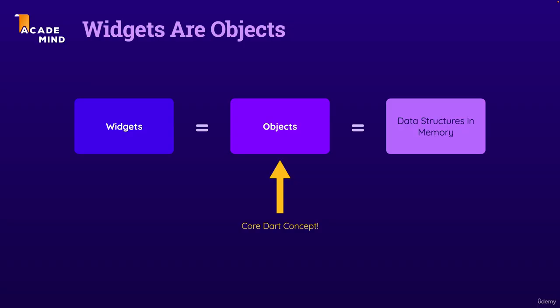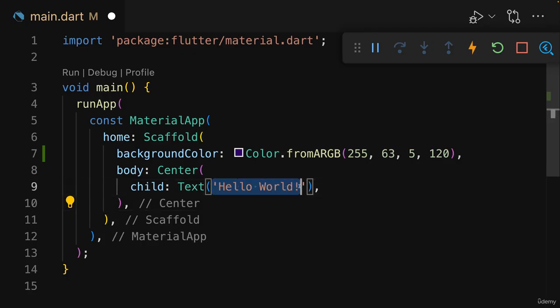Now, objects are a core concept in Dart because, as mentioned, all your values are objects in the end. And there are simpler objects like this hello world text, but also more complex objects like this color object or your widget objects like material app or scaffold. But in the end, all these are simply data structures in memory that are managed by Dart, and these data structures can also work together.